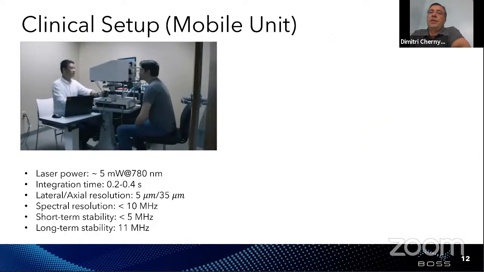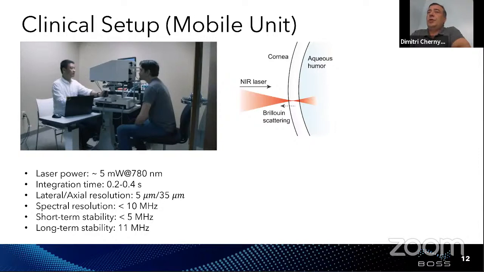So just to briefly give you information about the clinical setup, the commercial machine has very similar characteristics in terms of laser power. We were able to shorten the integration time now to 2.1 milliseconds, 2.1 seconds, I'm sorry, so that the exam acquisition time is faster and highly automated.